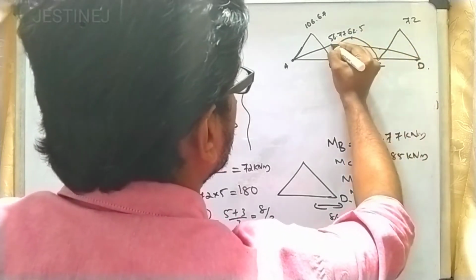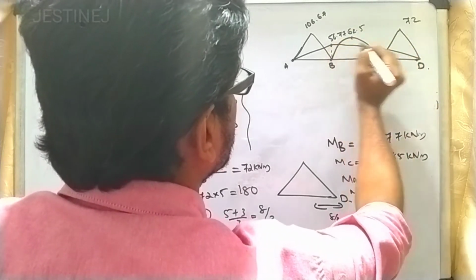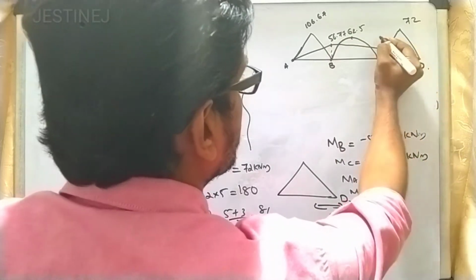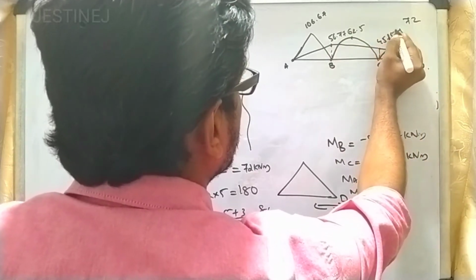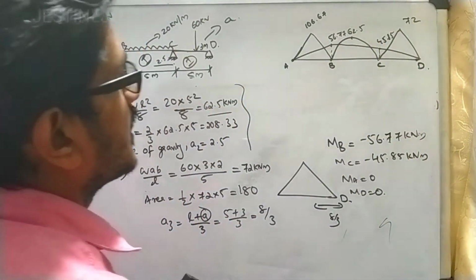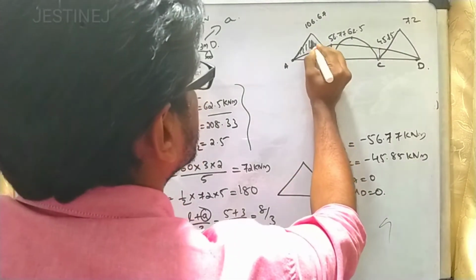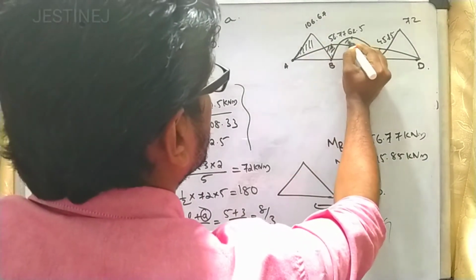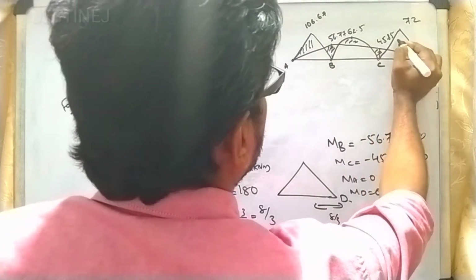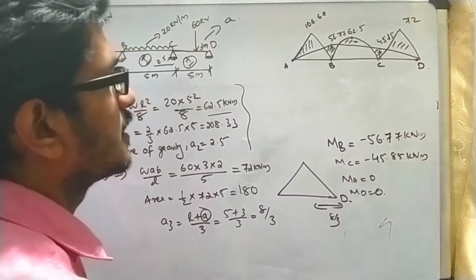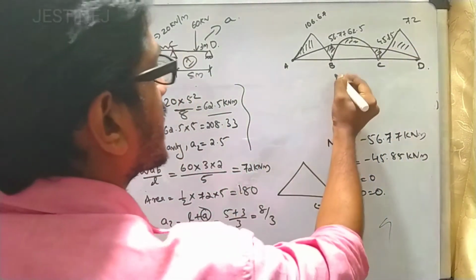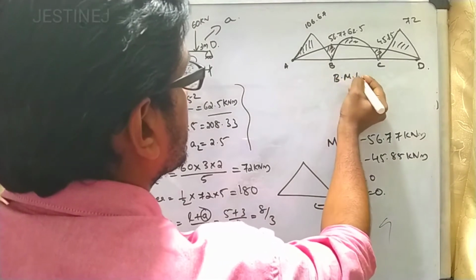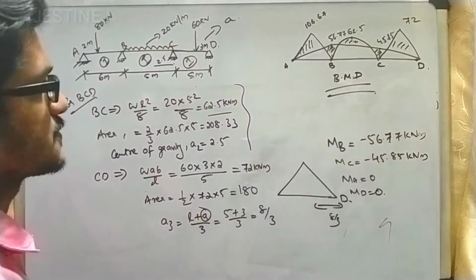Then here the value is going to be this value, and here the value is going to be 45.85. Then shade these regions also. And this is the bending moment diagram for this particular question.